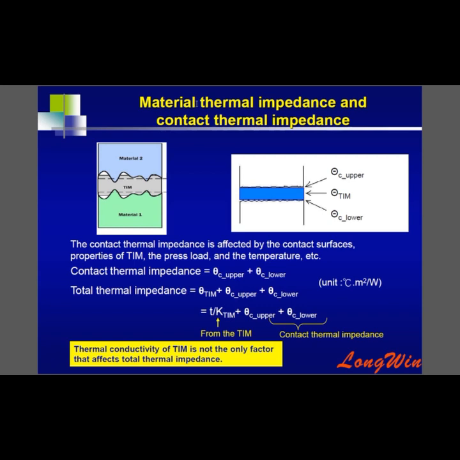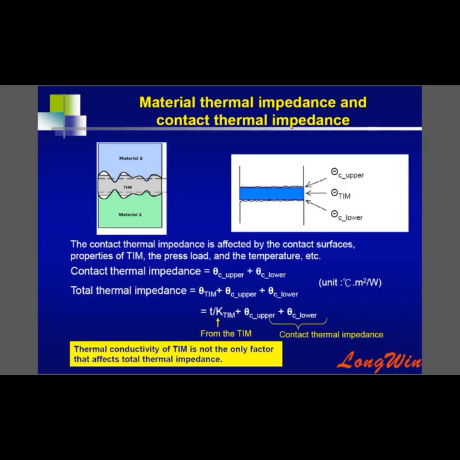Take copper as an example again, which thermal conductivity is around 400 watt per meter per Kelvin. And the thermal grease, the conductivity is much lower, usually around 4 watt per meter per Kelvin. And why don't we use the copper as the thin layer and we just use the thermal grease?